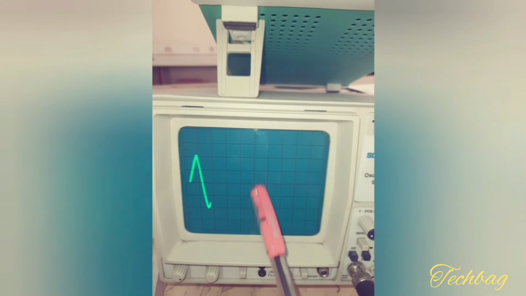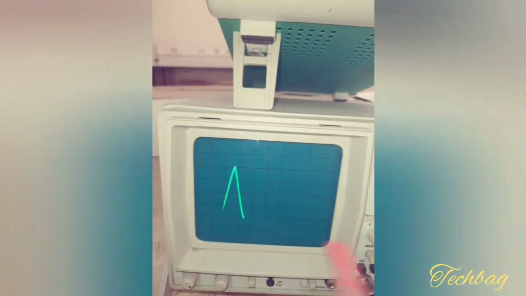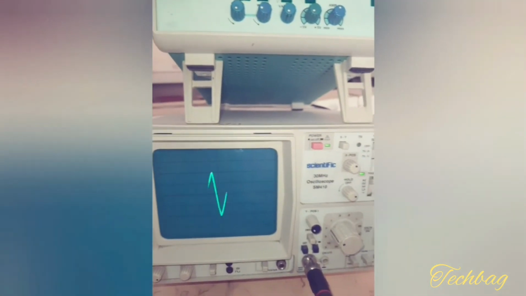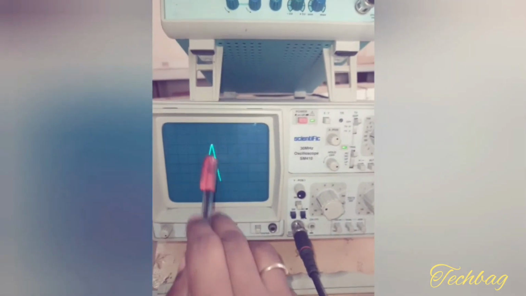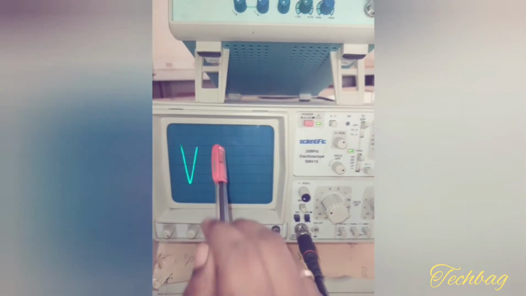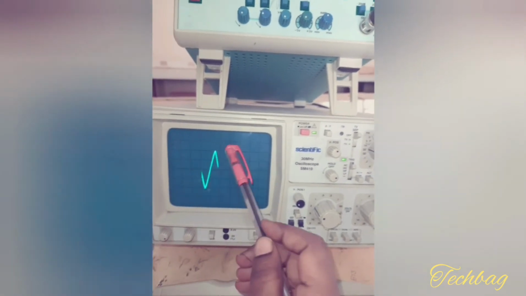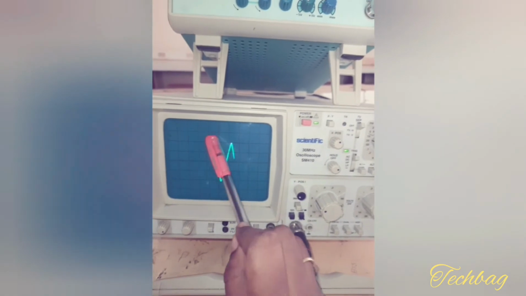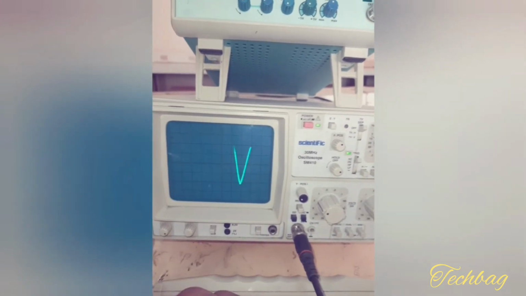Similarly, to calculate the amplitude, you have to multiply the number of units present in y-axis with the scale of y-axis. Same thing here also: you have to multiply the number of units present in x-axis with the time division to get the exact time period, and the number of units present in the y-axis with the voltage division to get the exact magnitude of the given signal.